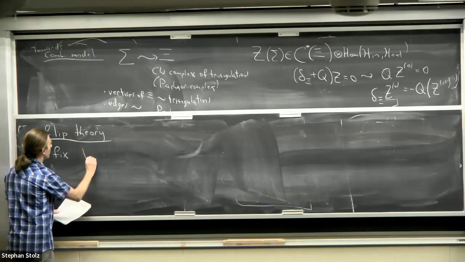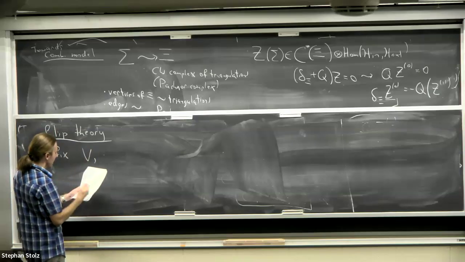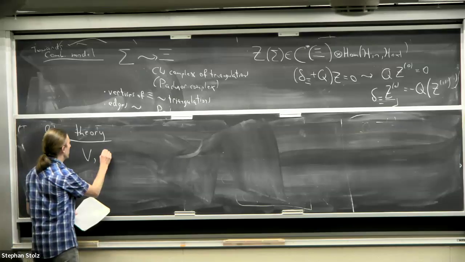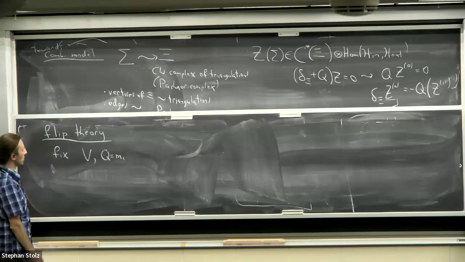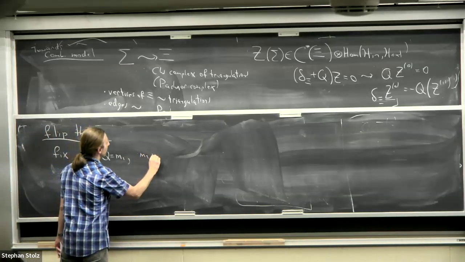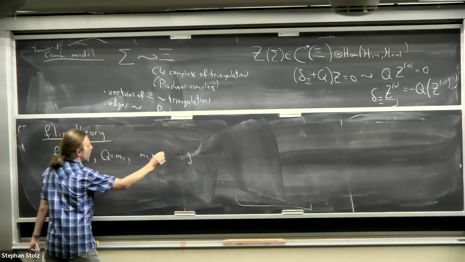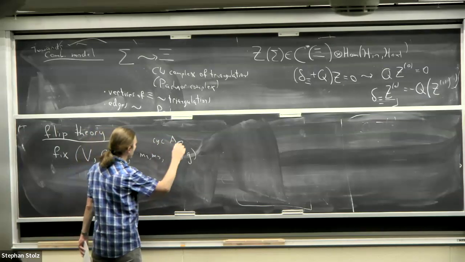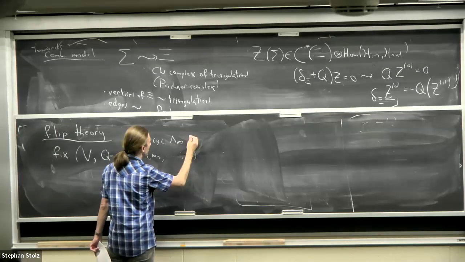The algebraic input will be, instead of an associative algebra with a pairing, now a cyclic A infinity algebra. So it will be an A infinity algebra with a unary operation M1, which I also called Q, the differential. Then there will be M2, M3, and so on, and the pairing. So this is a cyclic A infinity algebra. We already know very well what an A infinity algebra is, and this is just an A infinity algebra with a compatible pairing.